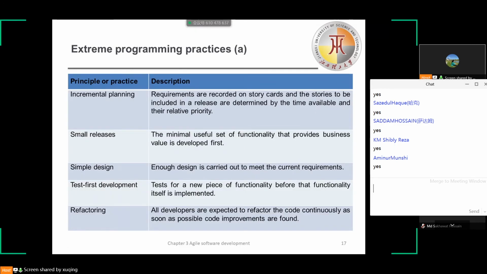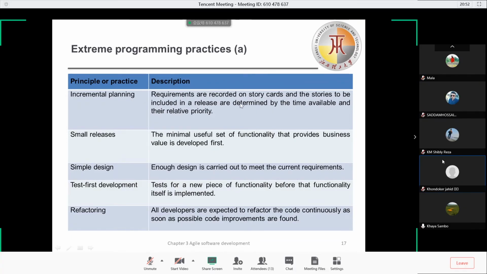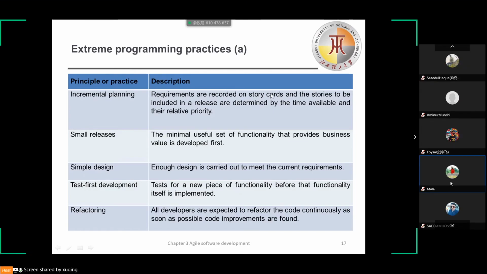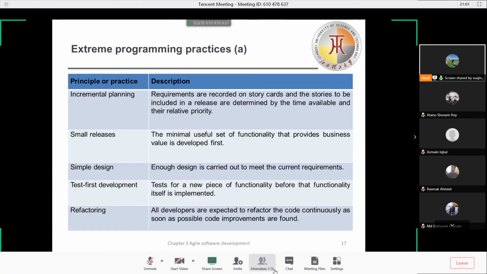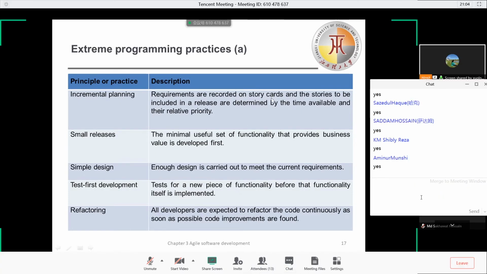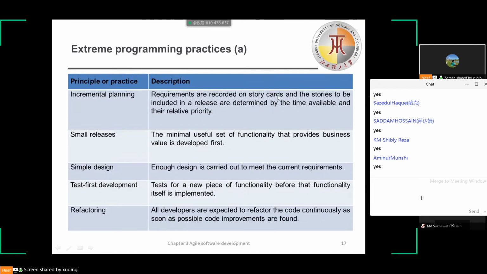For extreme programming, we have at first incremental planning. In this part, requirements are recorded on story cards. Story cards correspond to user stories. That means where we write the specifications or requirements of customers.